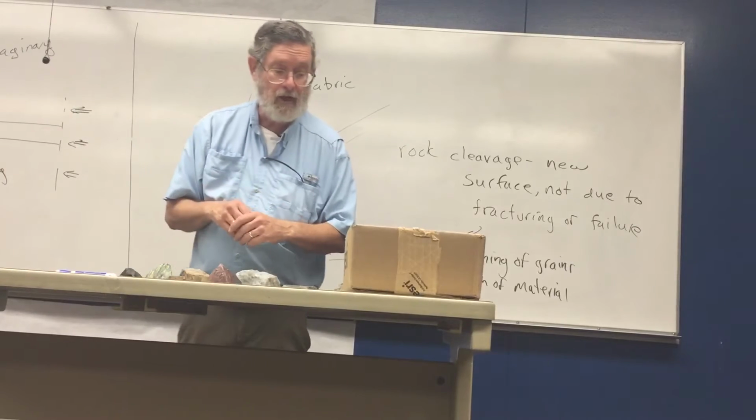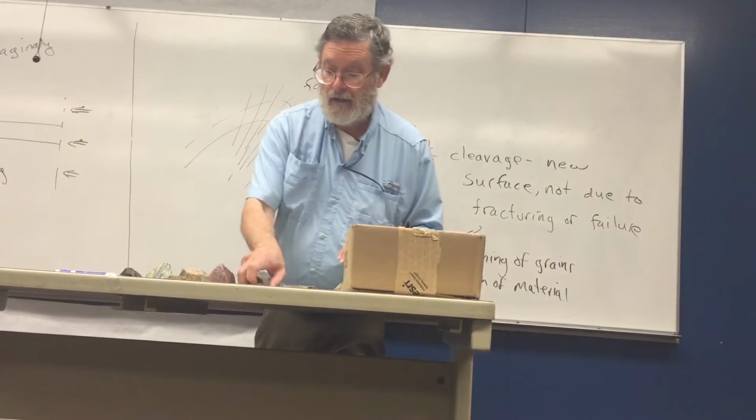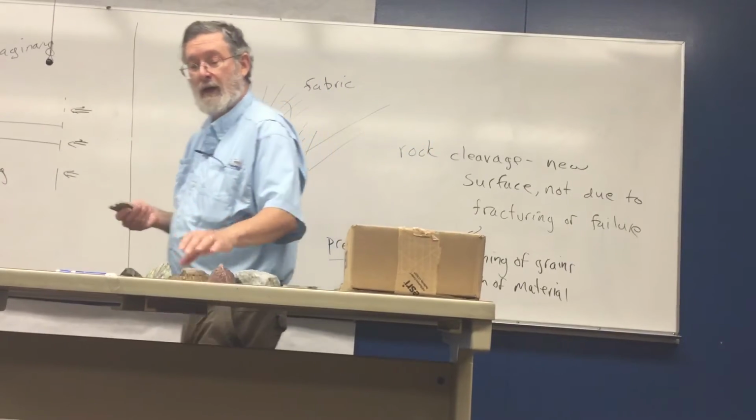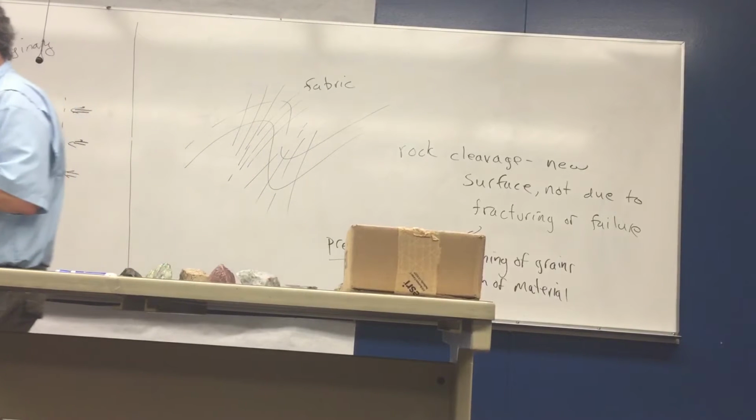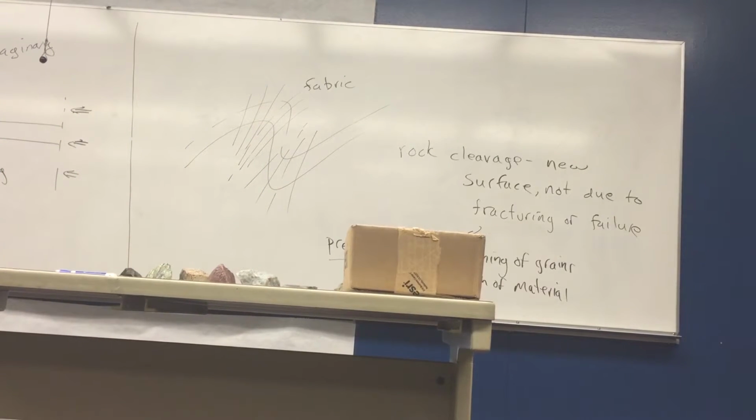And I brought some examples as a lead-in to metamorphism. I have two samples here. This one's a little bit dark, a little bit more difficult to see. If we look at this one, this is out of the hinge of a small fold, one of those small parasitic folds.